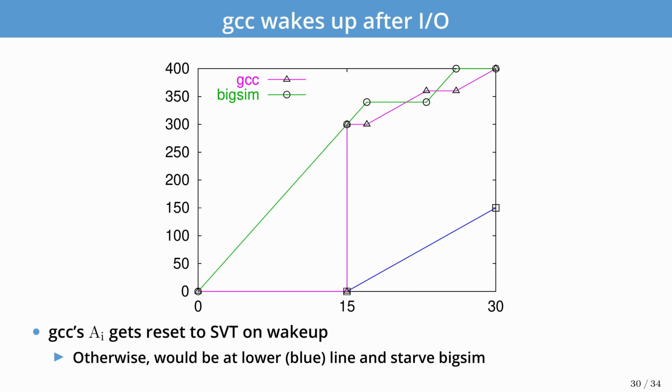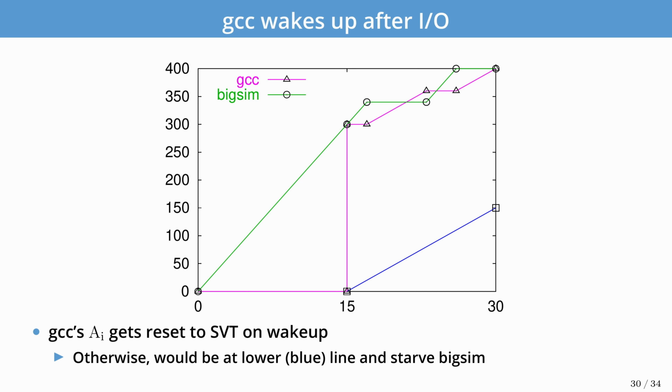In the blue line, we show what happens if we just woke up GCC with the virtual time that it has. We'll see that its actual virtual time fell far behind BigSim, and in that case, it's just going to consume CPU until it's caught up. So it might run for a long amount of time, starving all the other processes in the system.